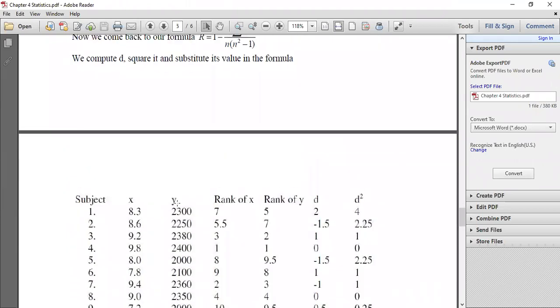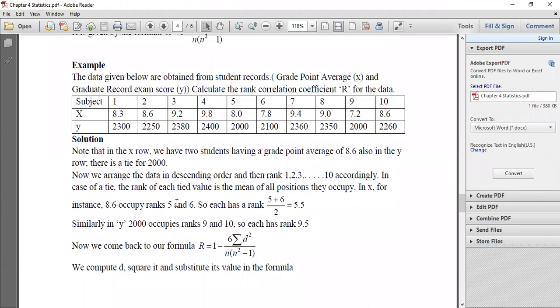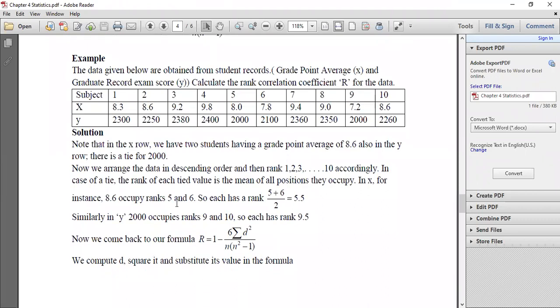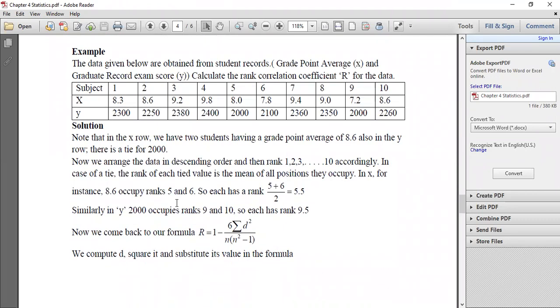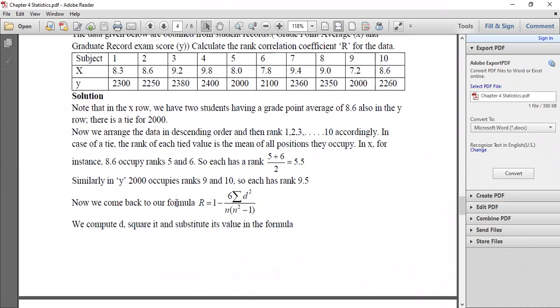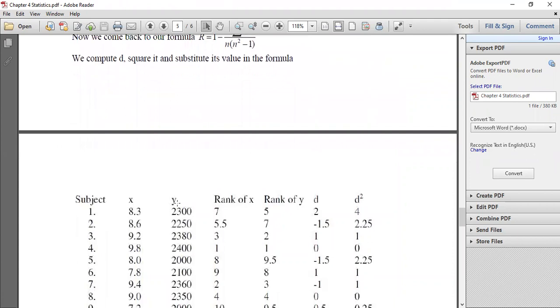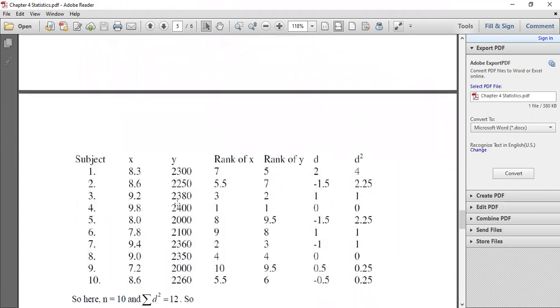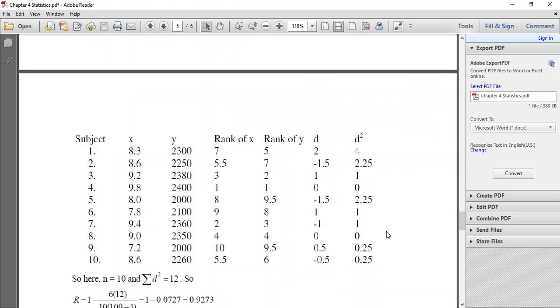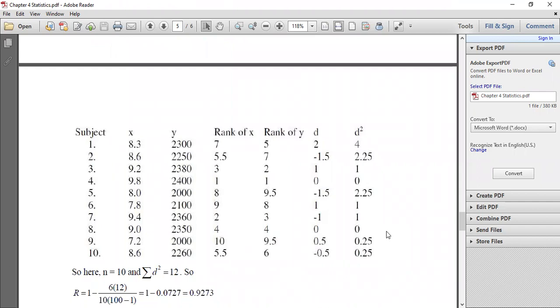So I hope this is again very clear. It is straightforward. So you just need to know and understand this formula and how you rank this. And then you get this, you rank them, then you substitute the values into the formula and you get an answer.